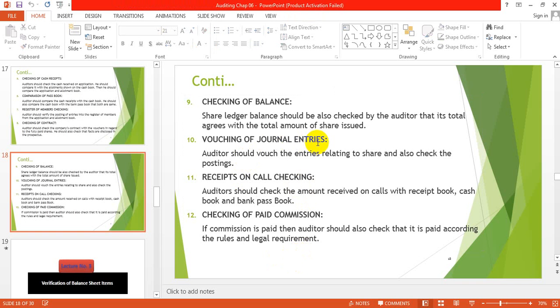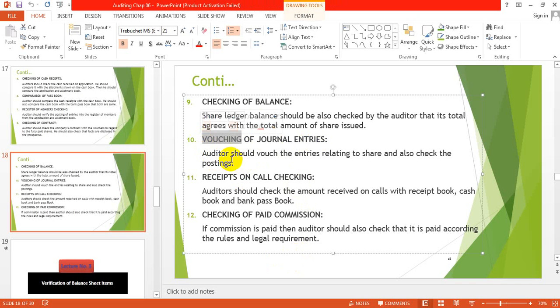Vouching of journal entries. You know about vouching, what is vouching? The auditor should vouch the entries related to shares and also check the postings. He will check all the transactions which are related to issuing shares, and he will also check the postings, that the company made exact postings or not.